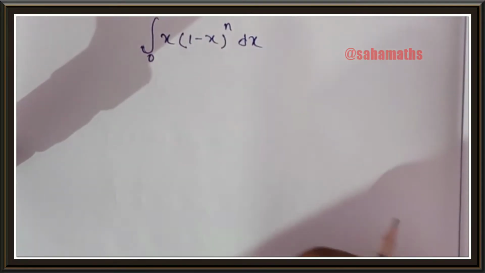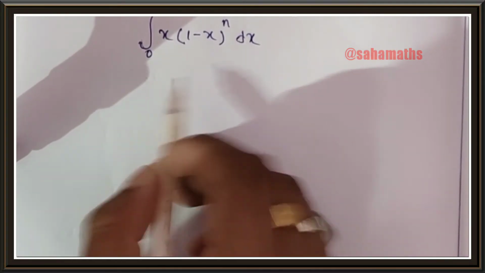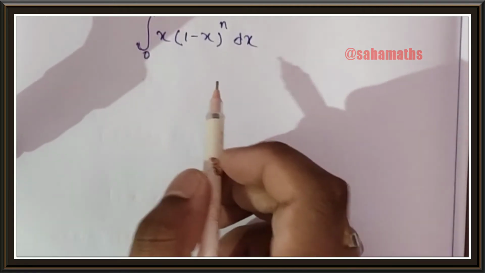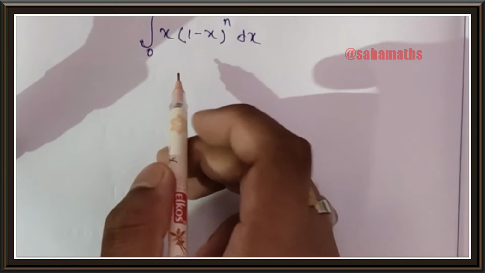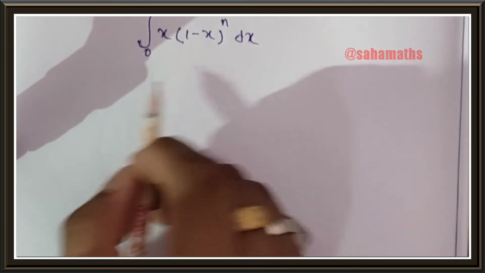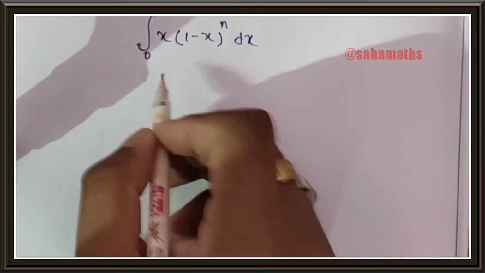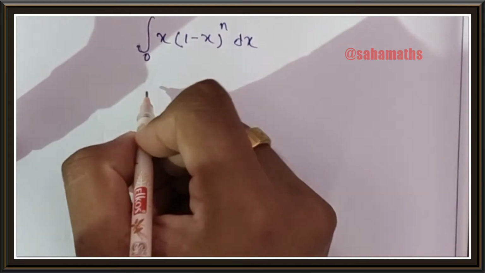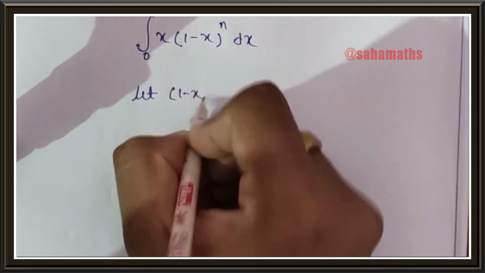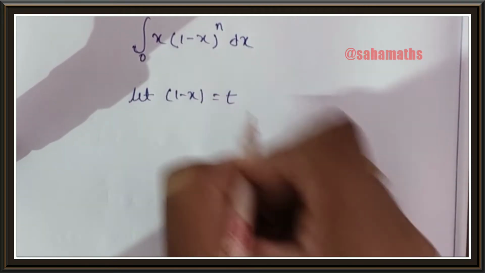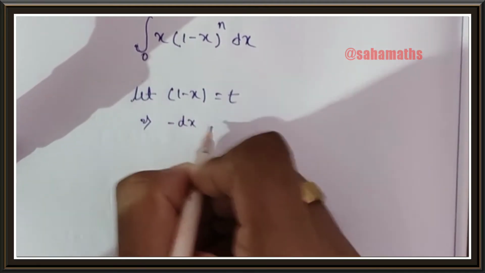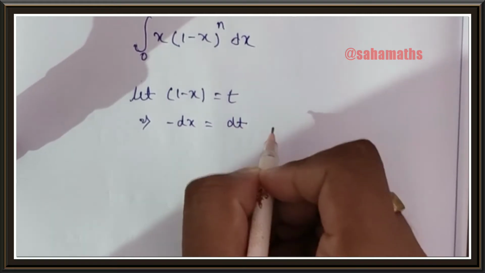So guys, today in this video I'm going to show you how to integrate the following function with the properties basically used here. For this you have to learn all the properties. Take 1 minus x and let it be t, then minus dx becomes dt.